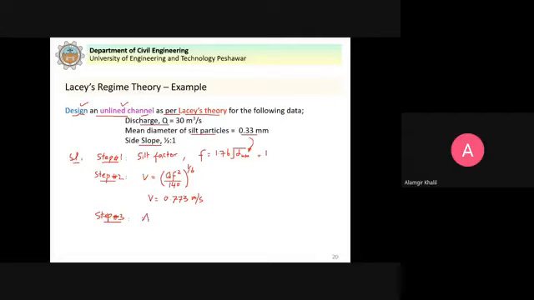So area A will be equal to discharge divided by velocity V. So discharge is 30 divided by 0.773. So area comes out to be 38.81 square meter.